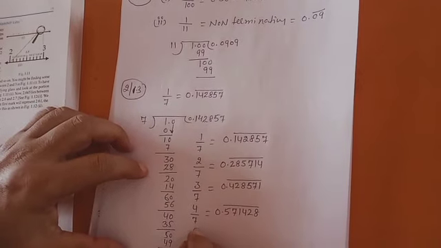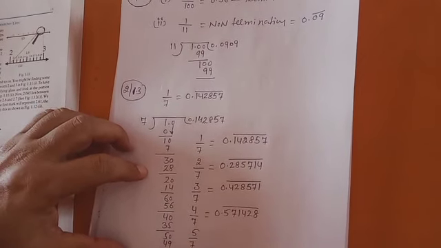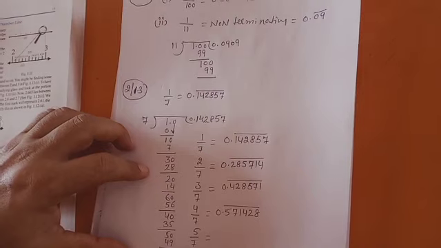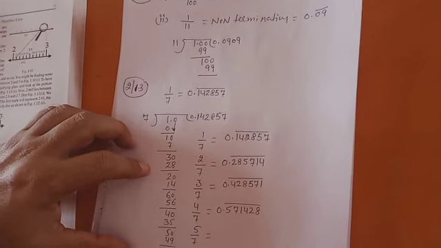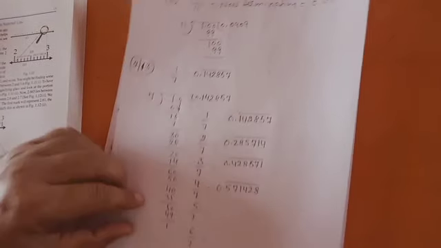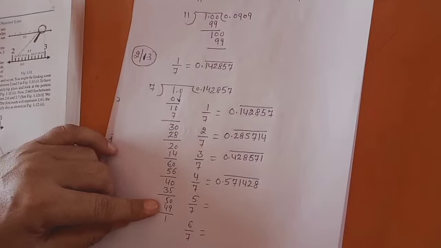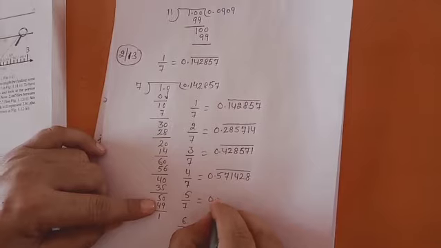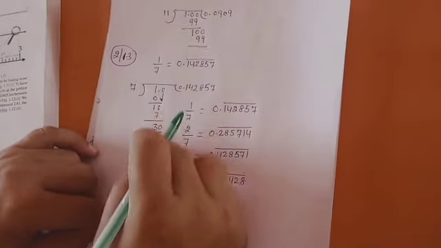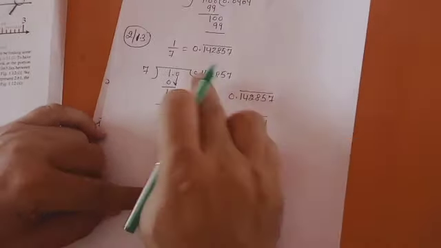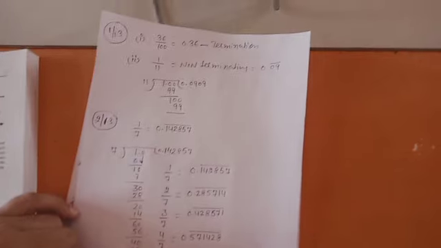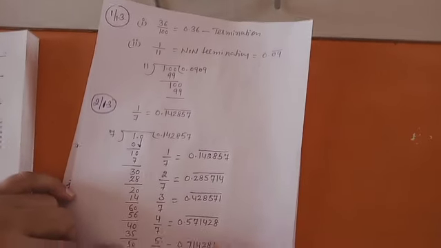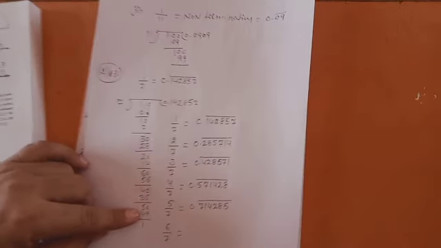Similarly, you can find out 5 by 7 is equal to what? 6 by 7 is equal to what? 5 by 7, what's coming? This is 549, so it means 0.7. Count 1, 2, 3, 4, 5, 6. 1, 2, 3, 4, 5, 6. 7, 1, 4, 2, 8, 5 and bar.